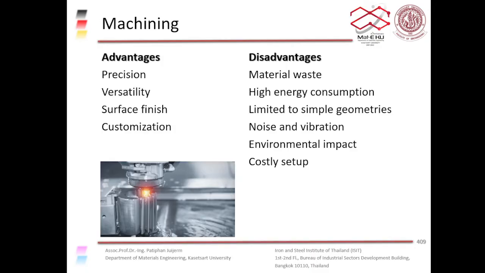So machining can allow you to produce customized part quite easily. You can produce a prototype quite easily using machining process. You can use it for low volume production runs. So it is quite adaptable.